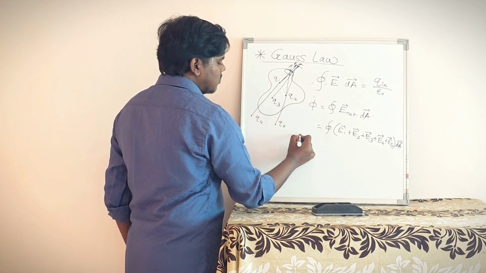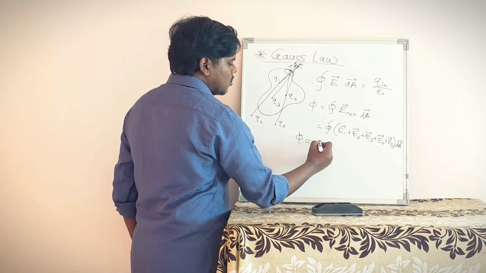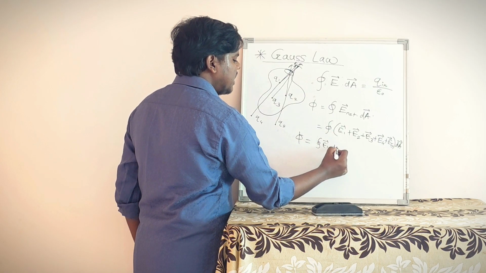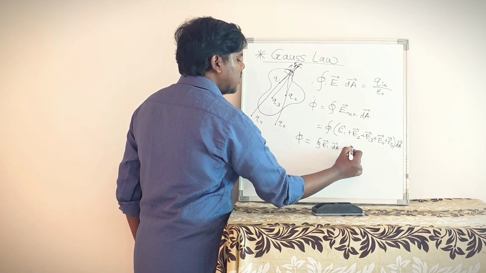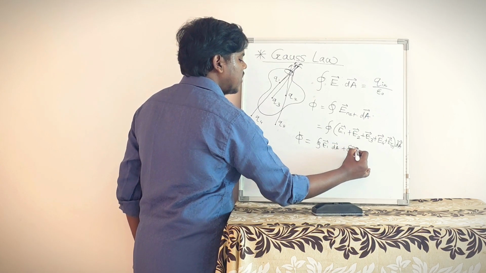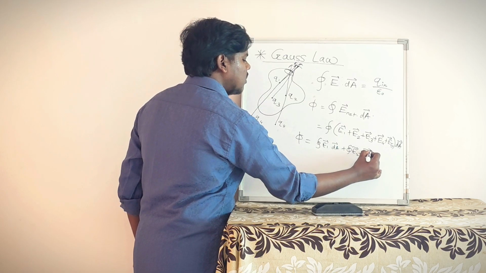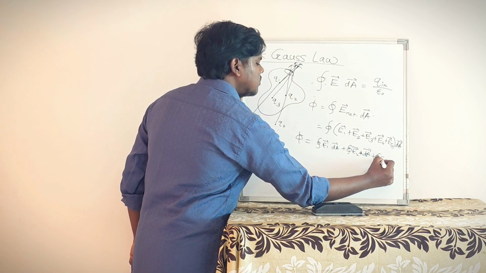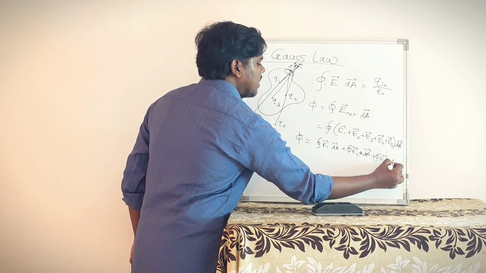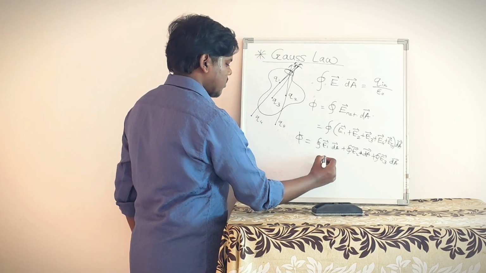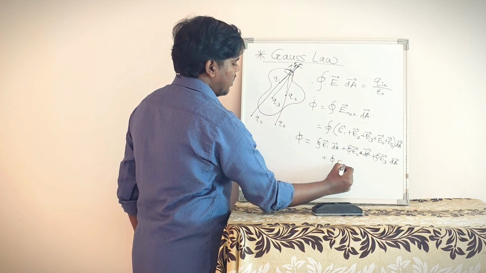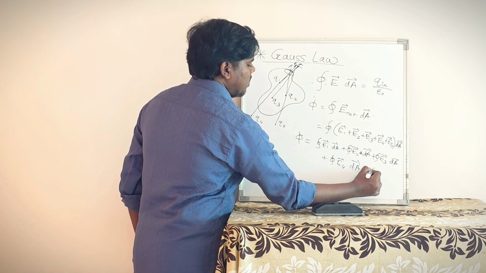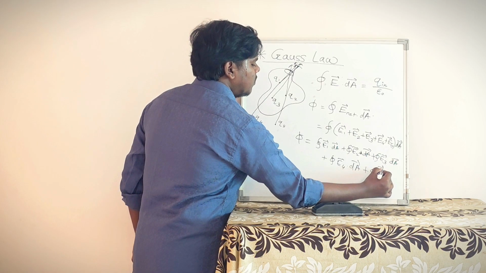So the flux will be equal to integration of E1 dA plus E2 dA plus E3 dA, E4 dA, plus E5 dA.